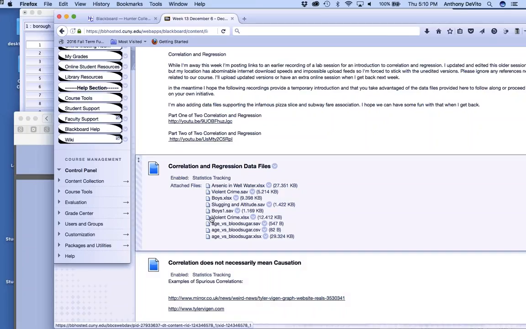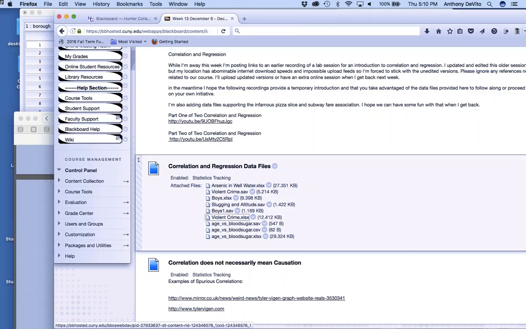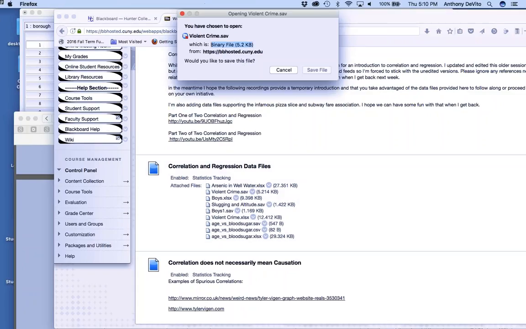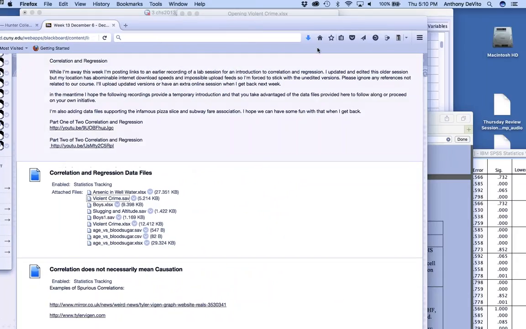Oh, violent crime. Oops, that's an Excel file. I don't want that one. Do I have a... here we go. We got the SAV equivalent of it. This is an SPSS file.